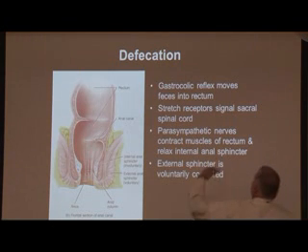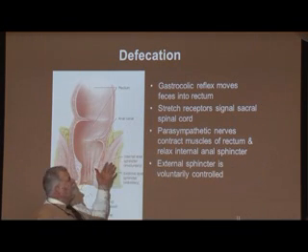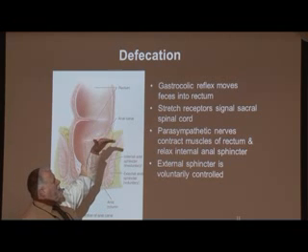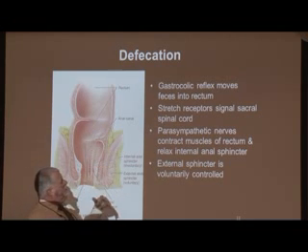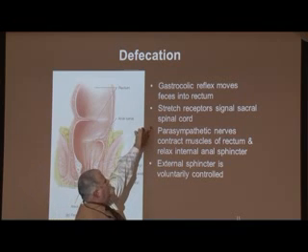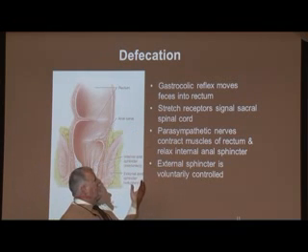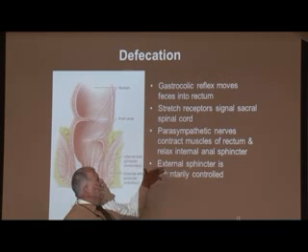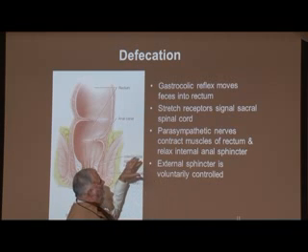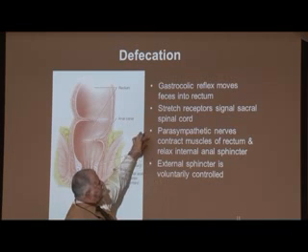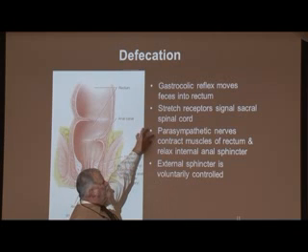So as we said, the gastrocolic reflex moves feces from the transverse colon into the rectum, and then stretch receptors within the rectum send signals to the sacral part of your spinal cord, and it becomes a parasympathetic reflex.